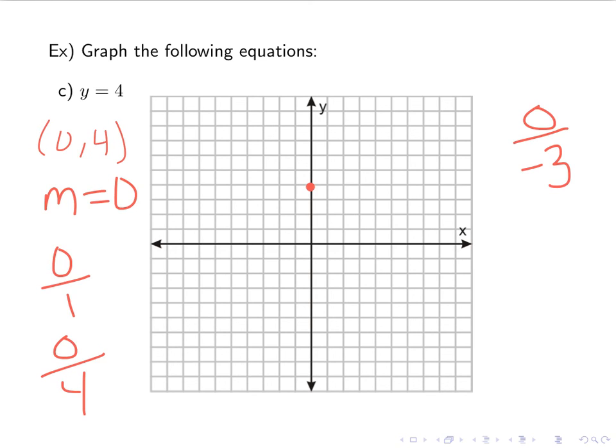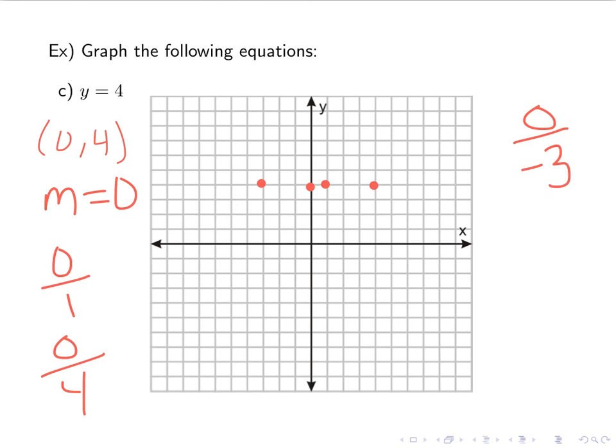So let's say I choose 0 over 1. So I'm not going to rise, and I'm only going to run 1. That would put me roughly here. If I chose my 0 over 4, that would put me here. If I chose my 0 over -3, starting at the y-intercept again, that would put me here.